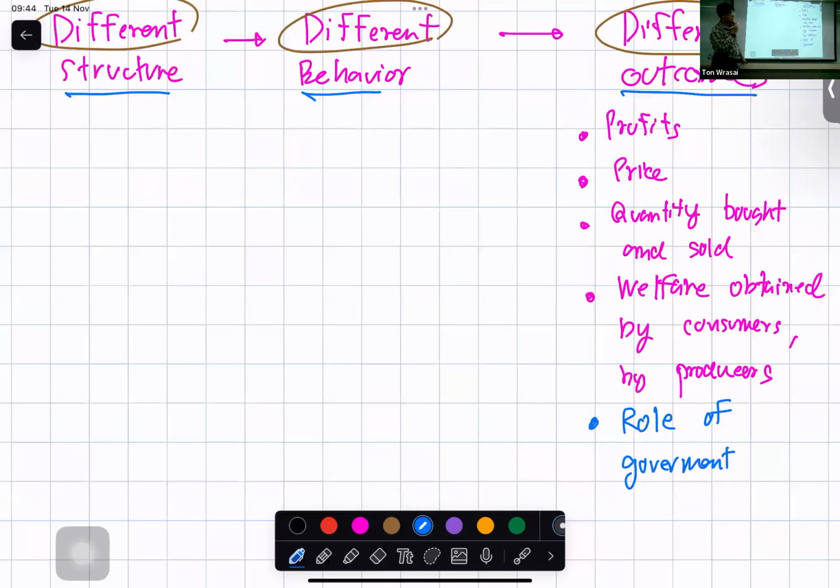Okay. So in the US, we have antitrust laws, the laws that try to go against the companies that try to make the market monopolized and harm the consumers' welfare. In the EU, we have competition policy.